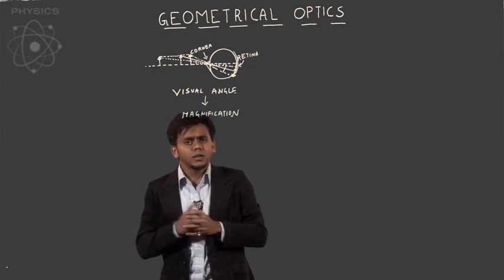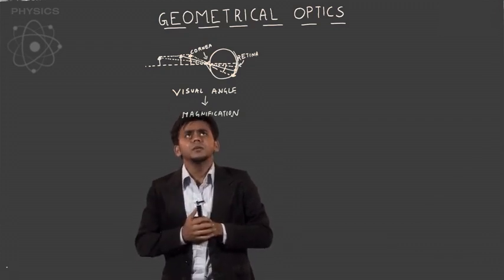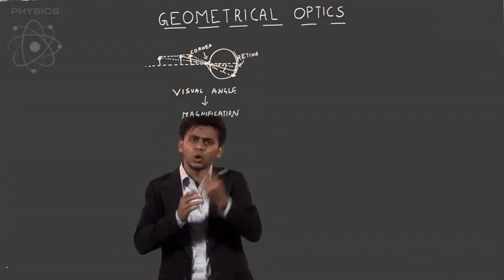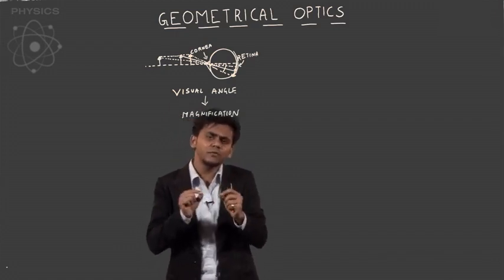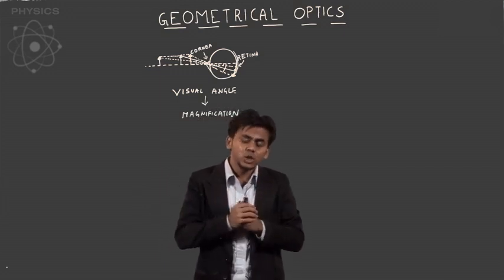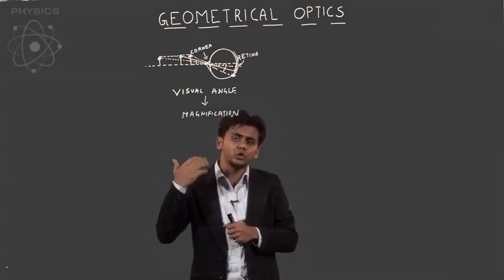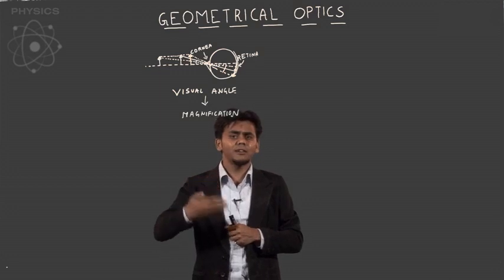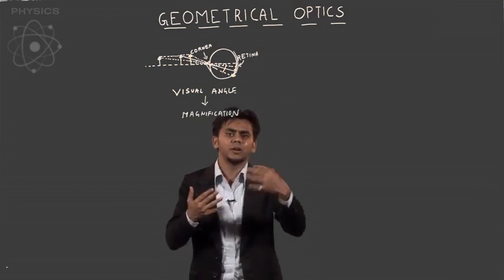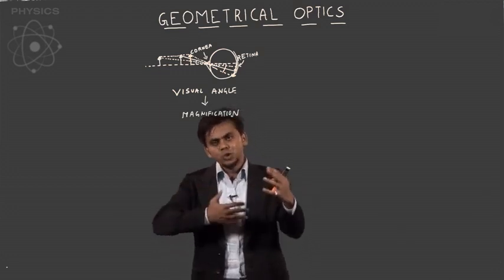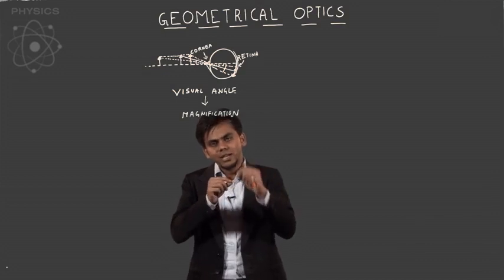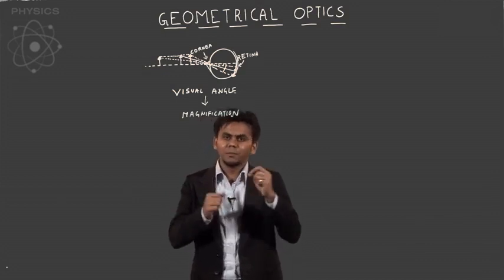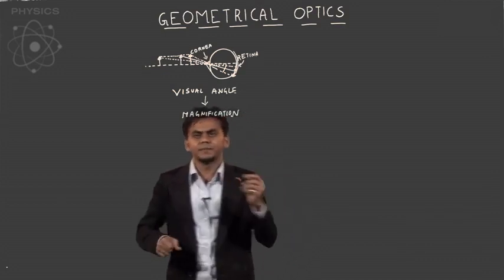Now, let's say you're just seeing an object and you cannot bring that object closer than your least distance of distinct or clear vision. So that is the limit which our human eye has. It cannot magnify an object beyond a certain point, because my visual limits are from D to infinity.